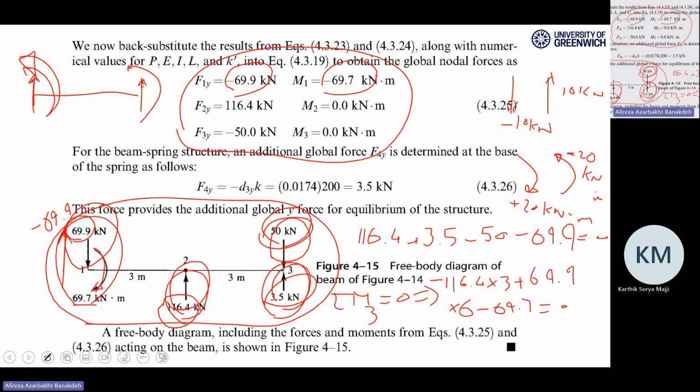It means that there is only one set of solutions for these equations. If you have more than one set of solutions for your equilibrium equation, it definitely means that your structure is unstable. Definitely your structure has a problem. There are two ways: either your structure is unstable, or you have done something wrong in your calculation. There is no other option to explore.